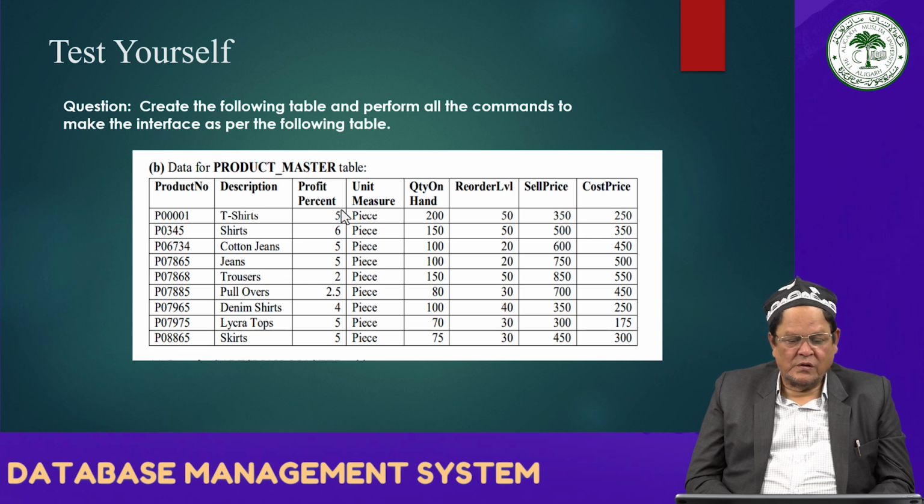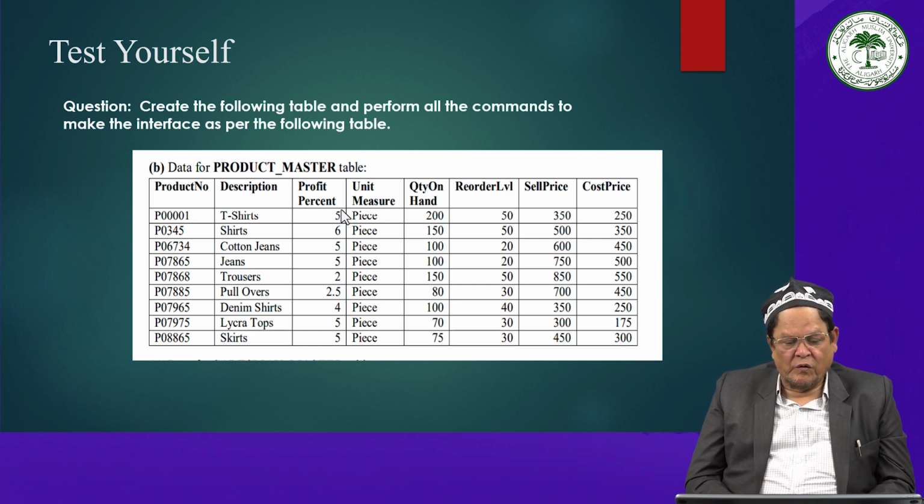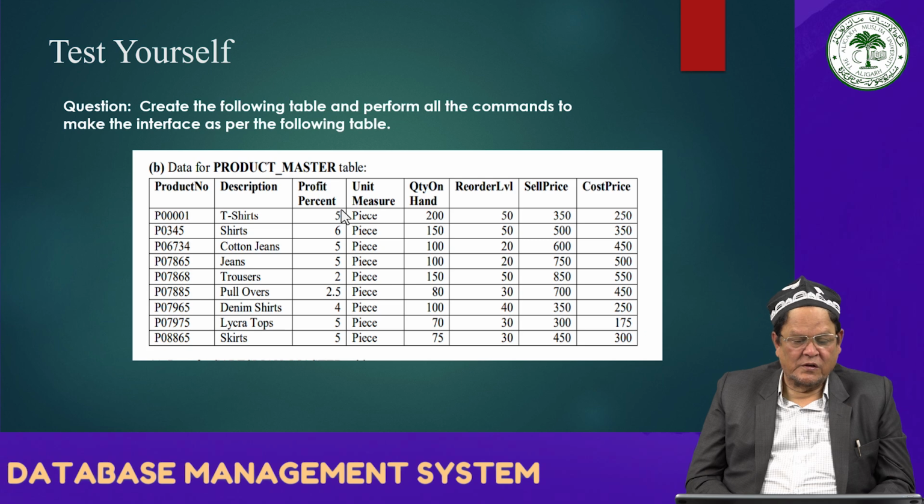The table name is product master. The attribute names are product number, description, profit percent, unit measure, quantity on hand, reorder level, sell price and cost price. Here the product number is P001.